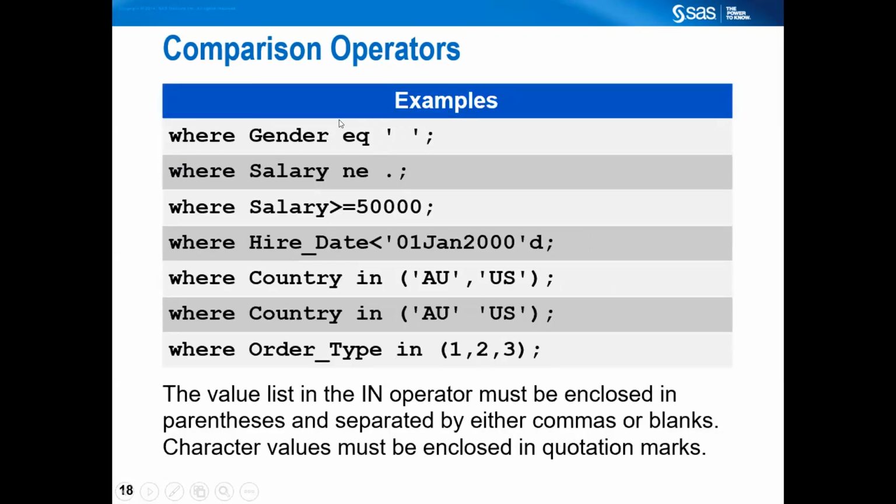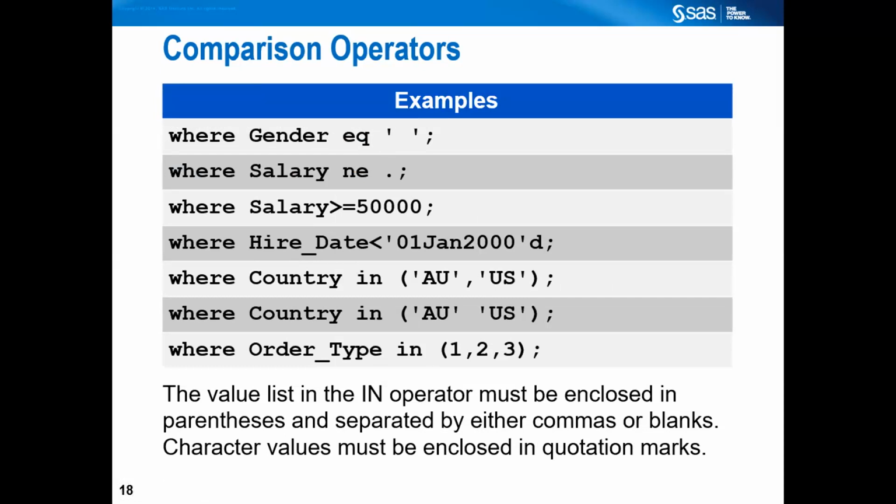So what does this indicate? Where gender equal to a blank quotation, it will select all the column values in gender which are missing. Now, because gender is a character variable, we know the values go into quotes, and if in your data you have missing values for character, SAS represents them as blank.